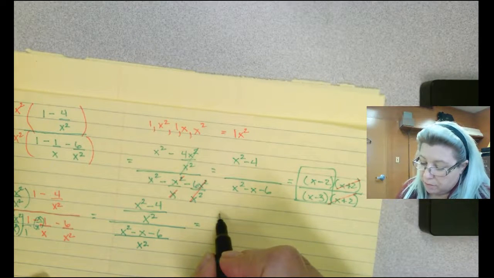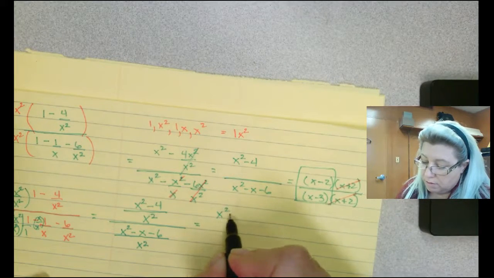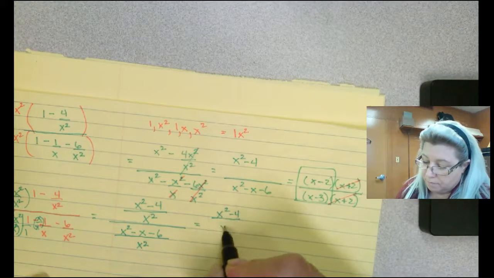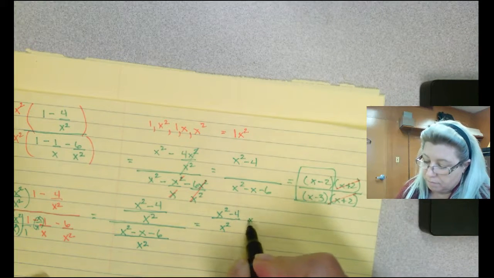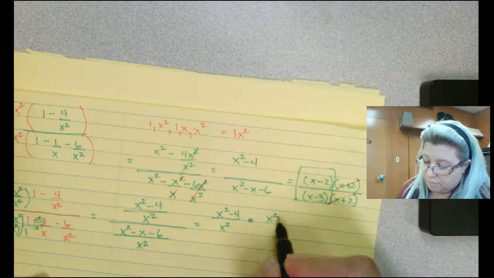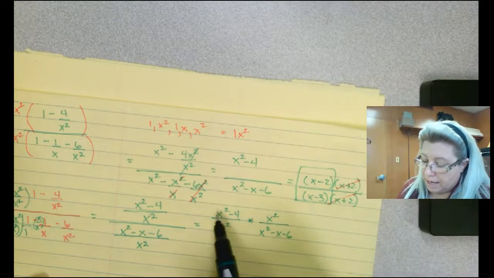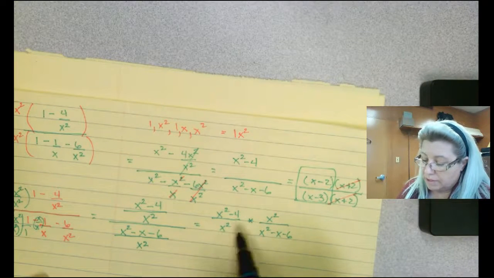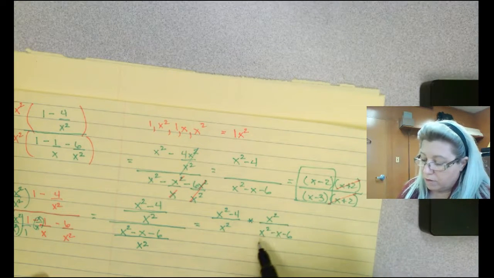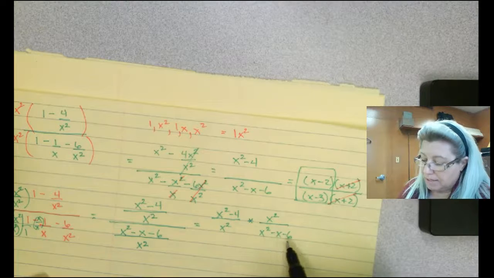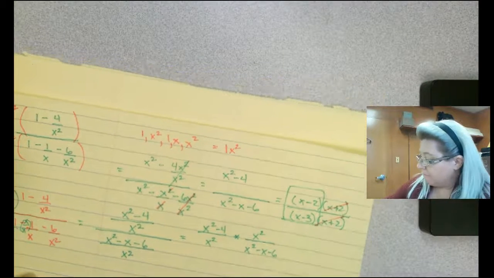Now I multiply by the reciprocal. Okay, x squared minus 4 all over x squared times x squared over x squared minus x minus 6.